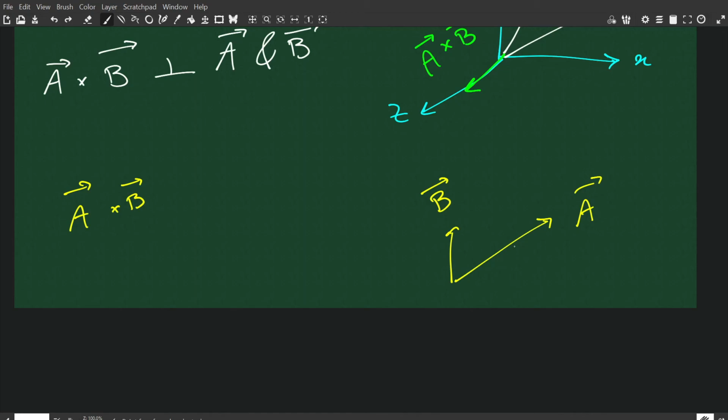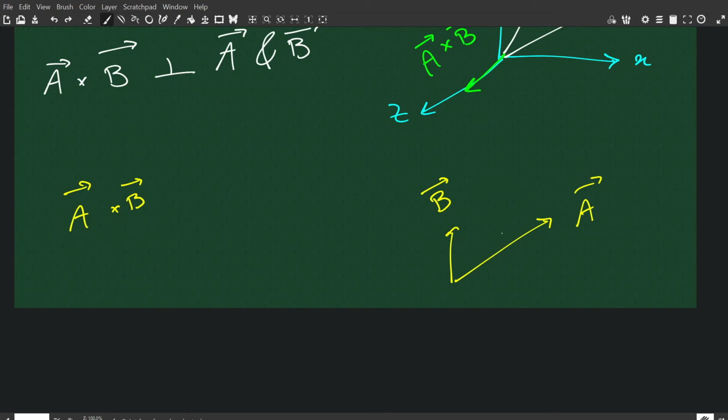Your hand should be vertical to the plane I said. Then try to close your hand and find its direction. In which direction should you put your hand? With closing your hand, your fingers will get closer to B. I mean, to close your fingers toward B, you should move your fingers in this direction.